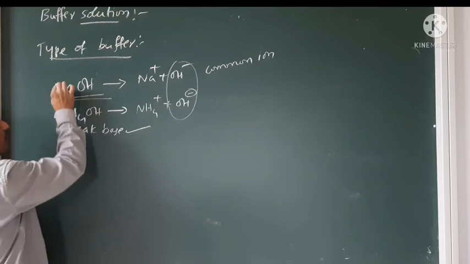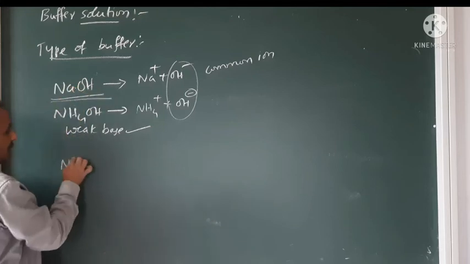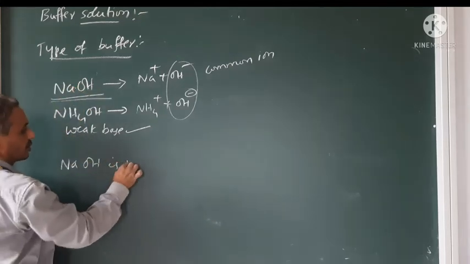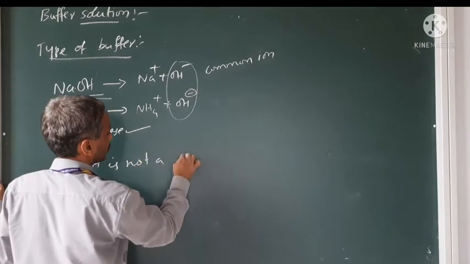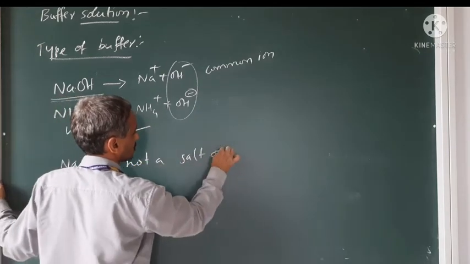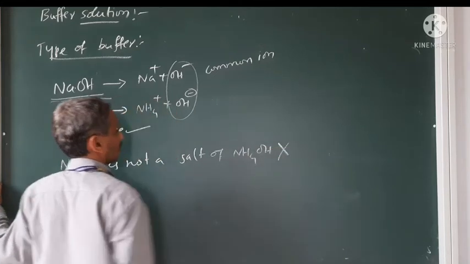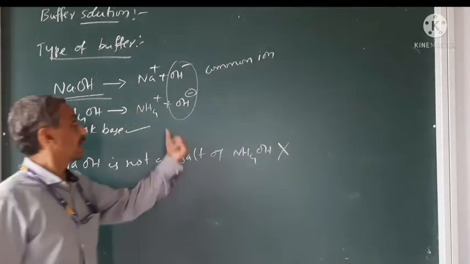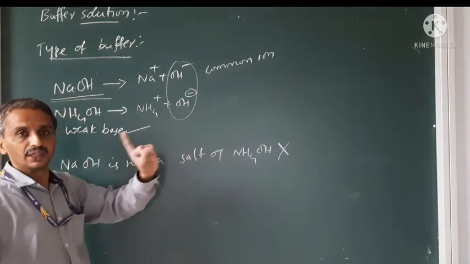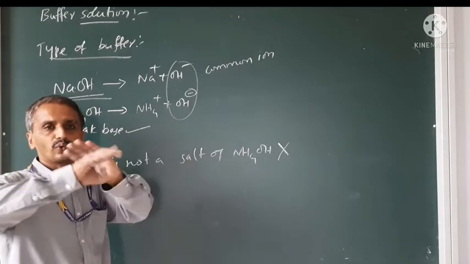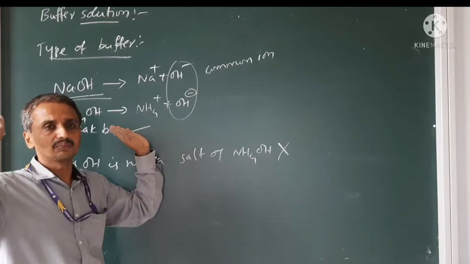But this is not a salt of ammonium hydroxide. NaOH is not a salt of ammonium hydroxide. So this cannot work as a buffer. NaOH and NH4OH mixture cannot work as a buffer.